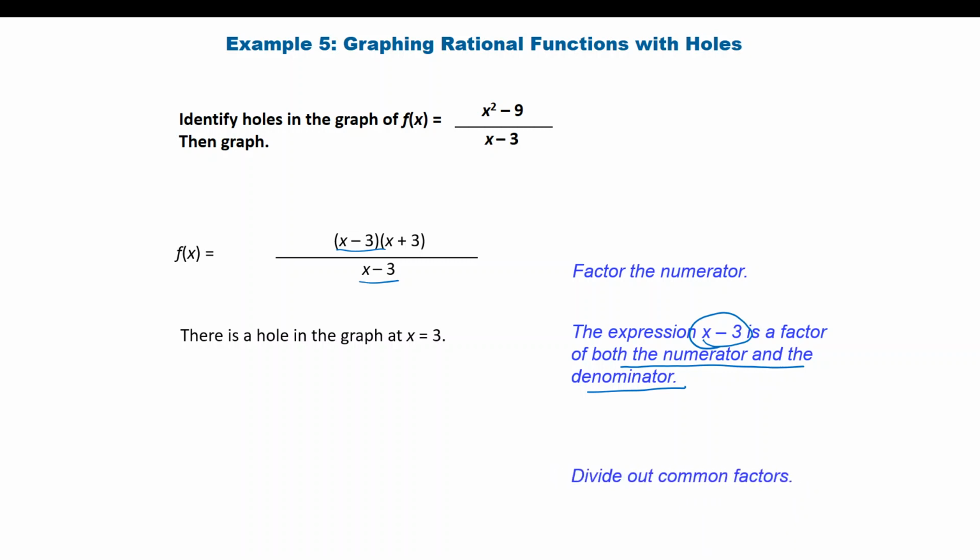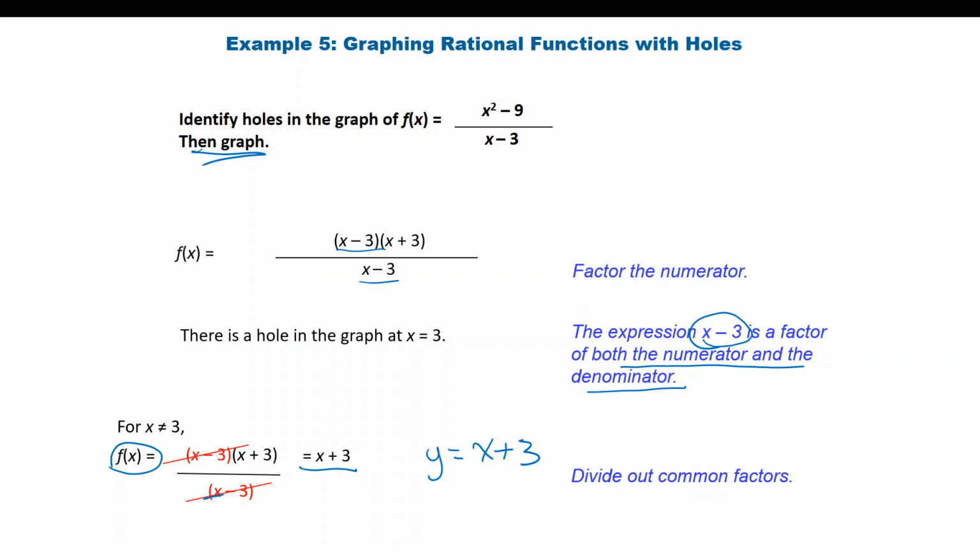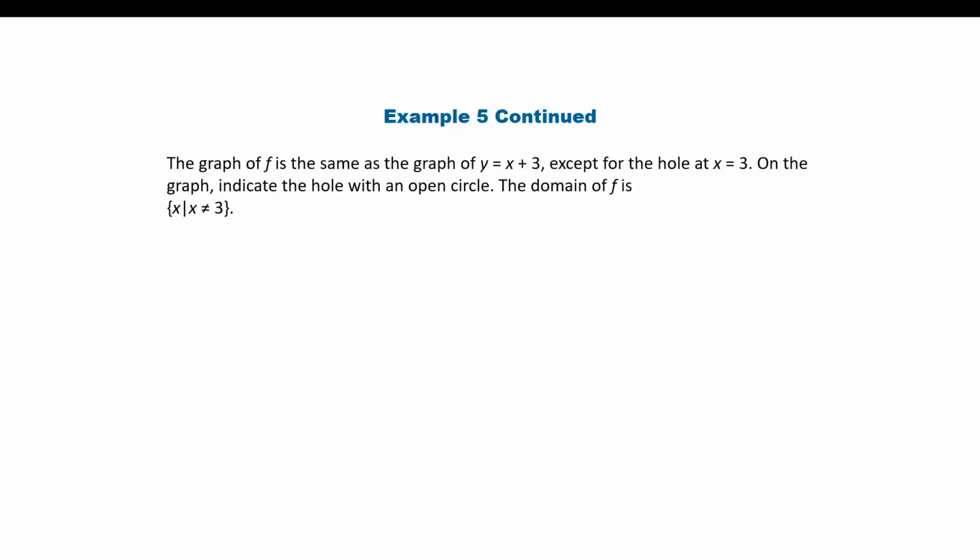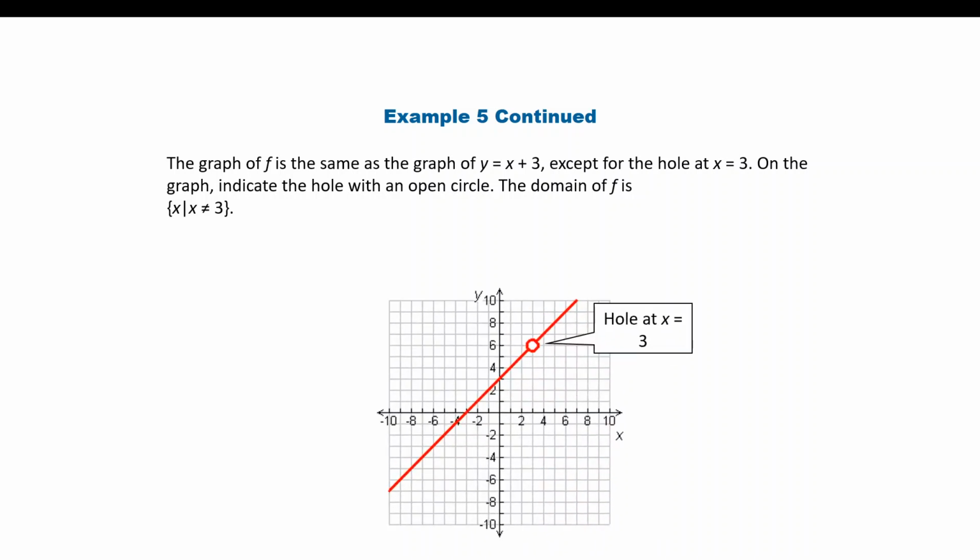So all we have to do is divide out the common factors. And so actually I have it written in here like this. So when I divide out the common factors, I am just left with f of x equals x plus 3. So this is basically like saying y equals x plus 3. Now the next part of it says we need to graph. So we're going to take y equals x plus 3, and that's a very simple line. It's just a linear. But notice this time we draw an open circle here.